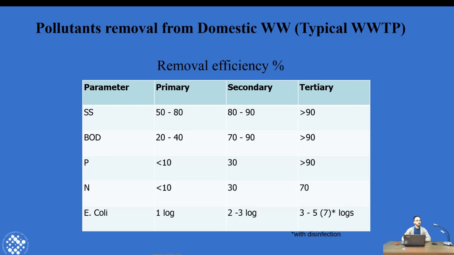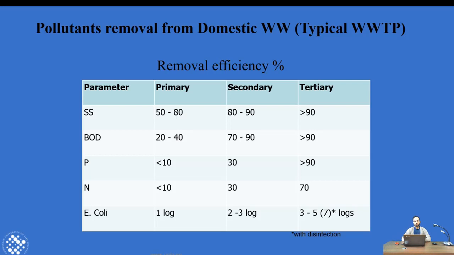For suspended solids, in the primary treatment we could remove 50 to 80% of suspended solids. In the secondary treatment, we could remove 80 to 90%. At the tertiary treatment, more than 90% of suspended solids will be removed.